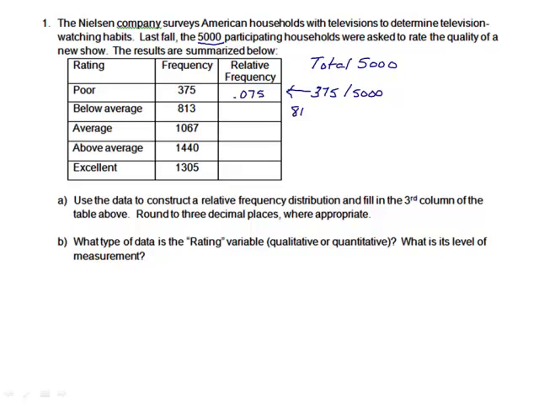For the poor rating, the relative frequency is 0.075, and we'll just go down the line here and divide each one of our frequencies by 5,000 to get our relative frequencies.